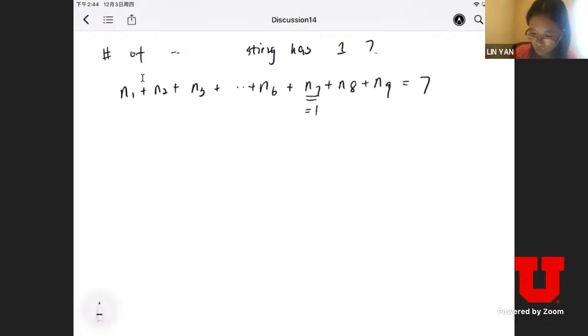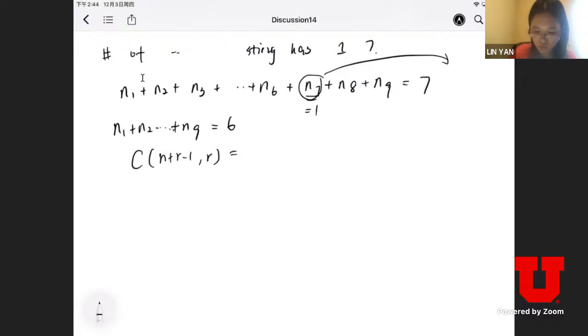If we move n7 to the right-hand side, then we have n1 plus n2 plus n3 plus n6 plus n8 plus n9 equal to 6. On the left-hand side there's no n7, so if we treat it as a bag problem, n is equal to 8.